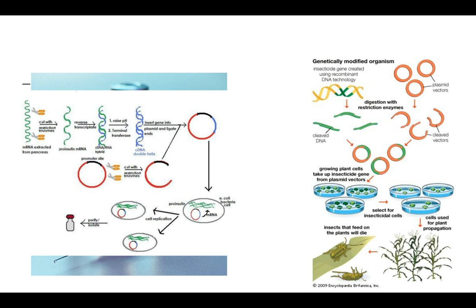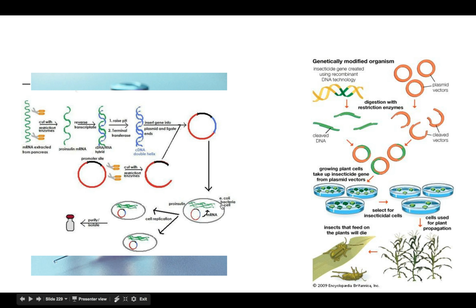Here we can see the steps in the process of creating insulin using bacteria. The necessary information on the gene is removed from the DNA and inserted into the plasmid of the bacteria, as we can see in this image. The gene for creating insulin is removed from the DNA of the person and transferred into the plasmid, which is the genetic information of the bacteria.